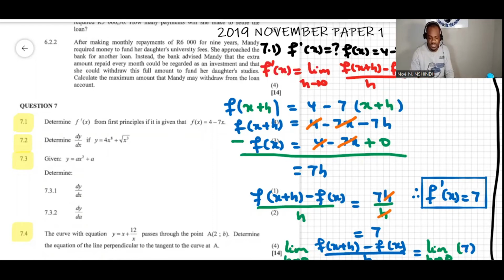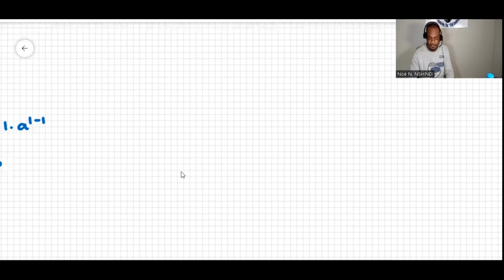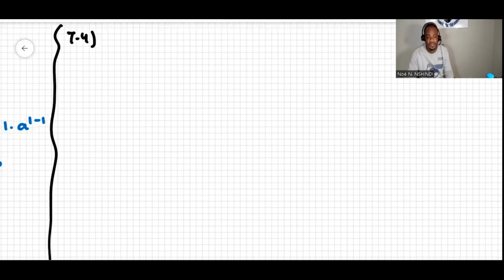All right, that sounds interesting. Let's just move the board over here and then do question 7.4. So we're looking for the equation of the line perpendicular to the tangent to the curve. Okay, there's a certain line. I don't know the line. Let's call the line, let's say the line is n, y equal to the straight line mx plus c.